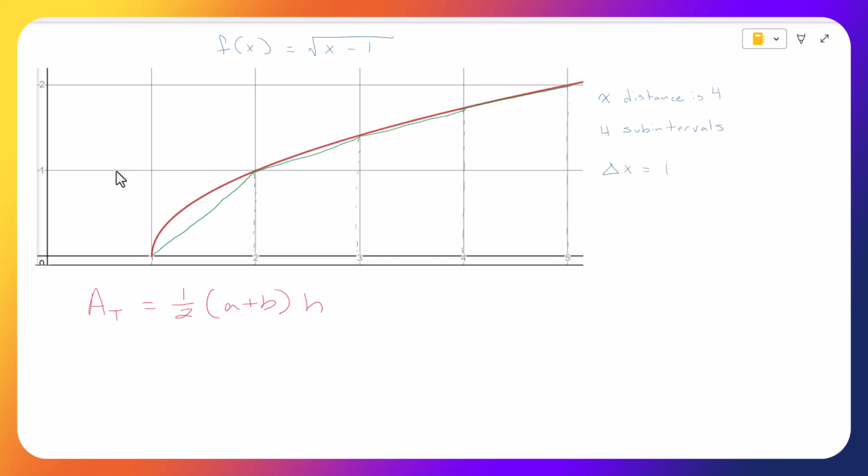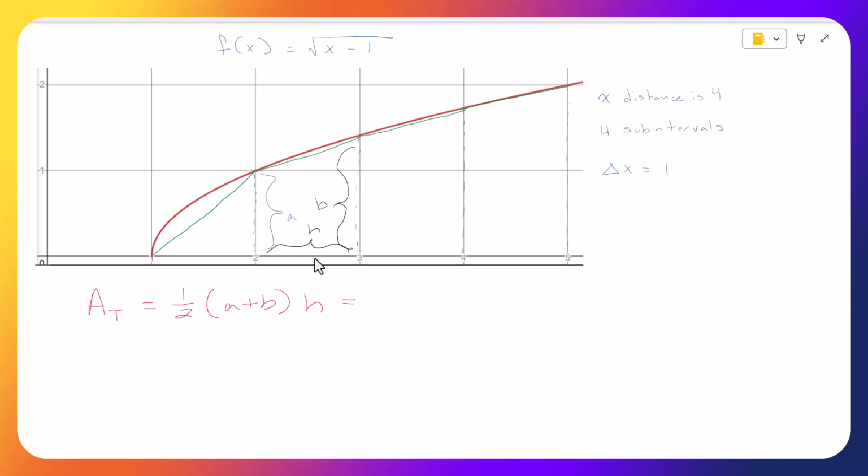One of our sides is A, the other side is B, and our H is actually our delta x. So let's rewrite this in terms of what is actually happening.